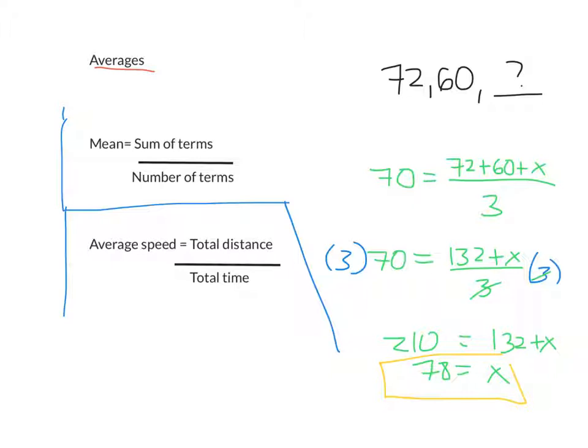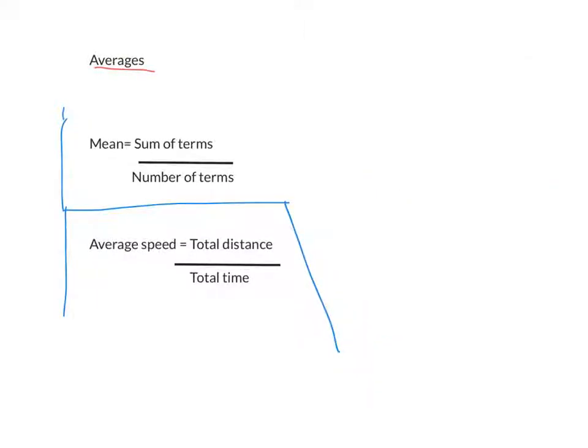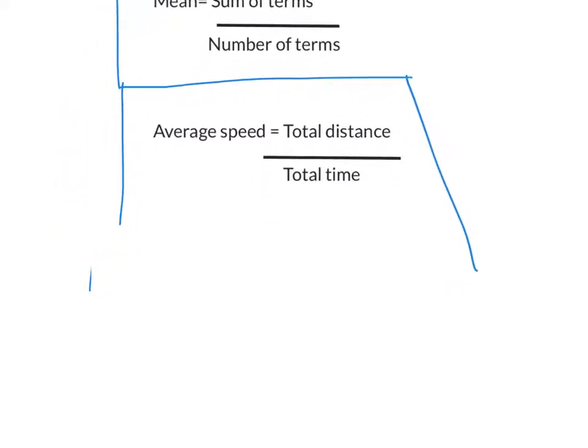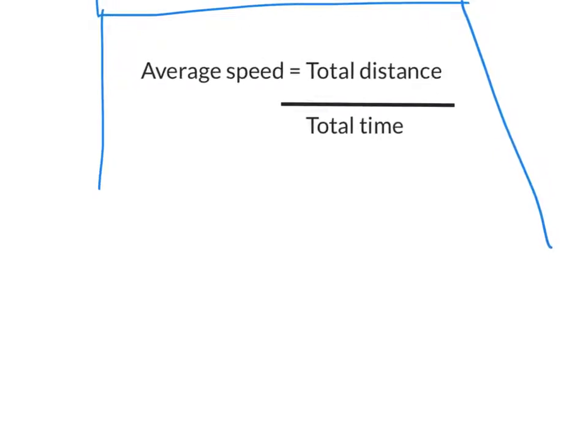Okay, so hope you got that, and let's move on to average speed. So average speed, total distance over total time, that could be a tricky one because a lot of students make the following mistakes. So imagine you had a car, and you're going to work at 40 miles per hour, and you come home at 60 miles per hour.